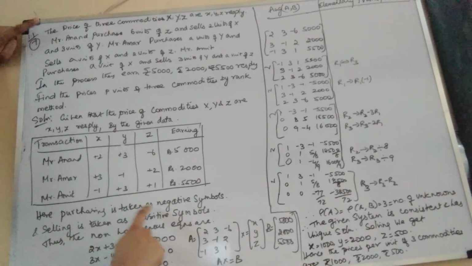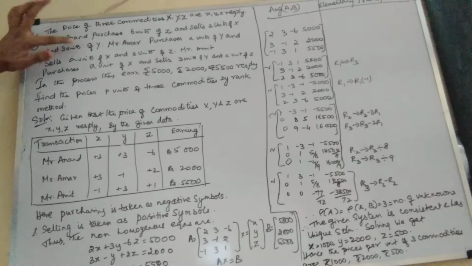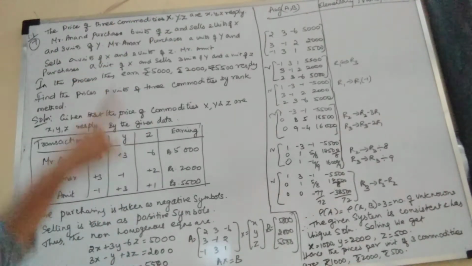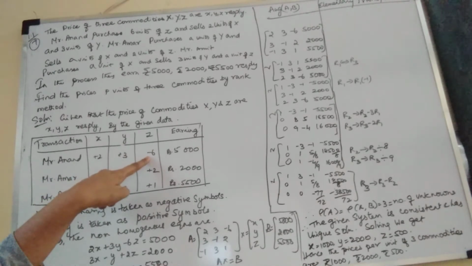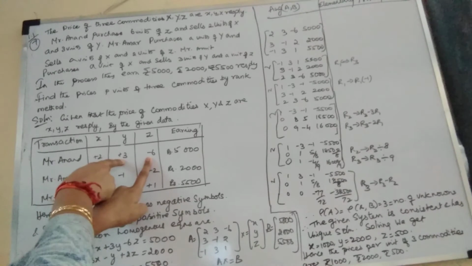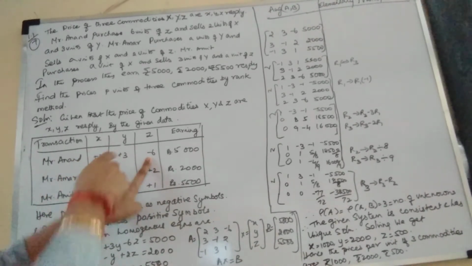Here purchasing we take as the negative symbol and selling as positive. So Mr. Anand purchases 6 units of Z, and purchasing is minus, so Z is minus 6, and sells 2 units of X and 3 units of Y. So plus 2 in the X column and plus 3 in the Y column.